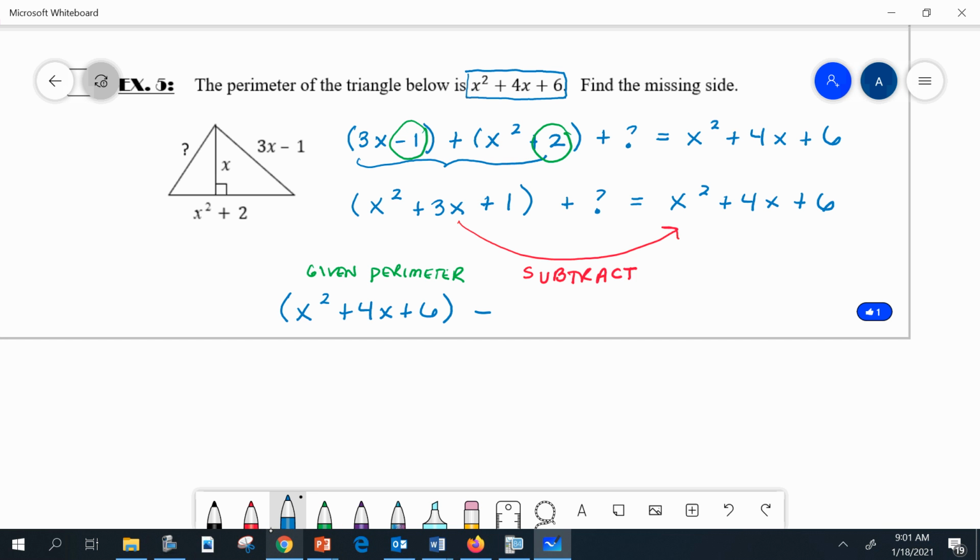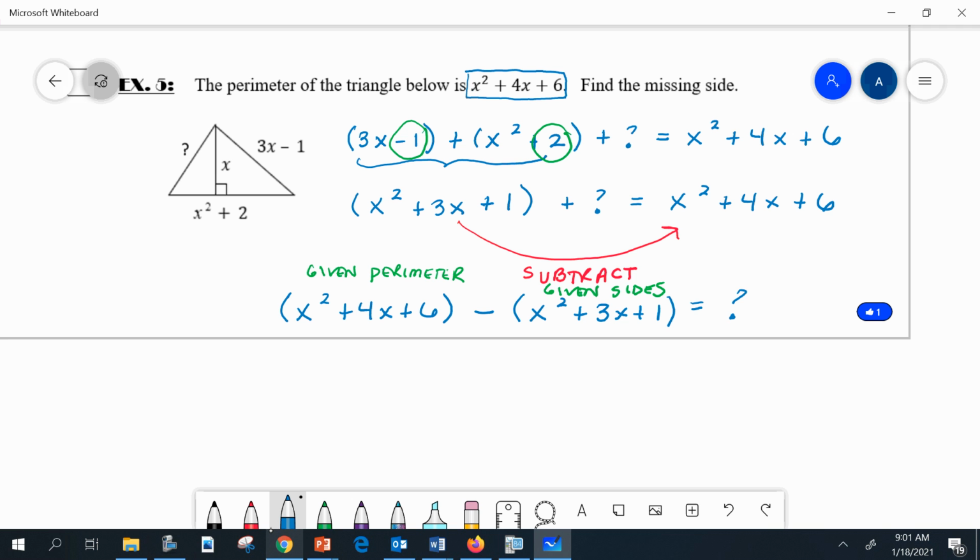And I subtract that from x squared plus 3x plus 1, which is, let me kind of make some room right here. I'm not sure why this is not working very well.